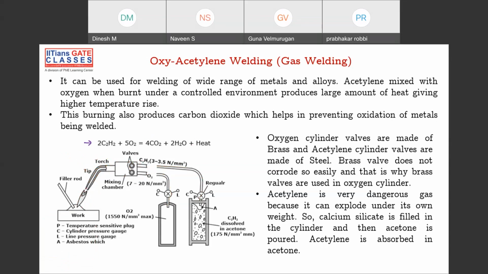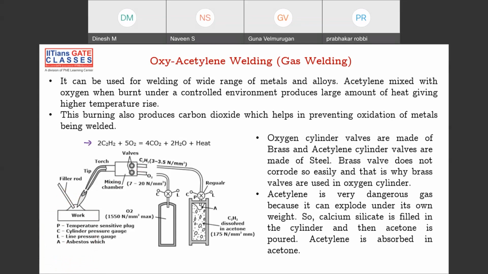The same way, this is the flame, and that flame is used for heating the workpiece as well as the filler material. If you are using filler material of the same material, then it is called homogeneous. If you are not using filler material of the same material, then it is known as heterogeneous, if you remember.